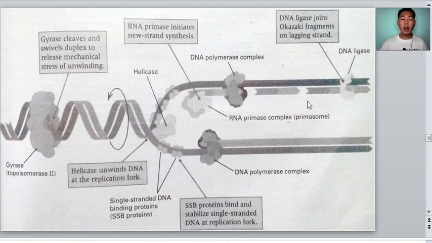So before replication of the DNA strands, the DNA must be separated first, or should I say unwound first, by means of the helicase enzyme. Again, unwinding the double helix to separate the parental strand requires an enzyme known as a helicase enzyme.